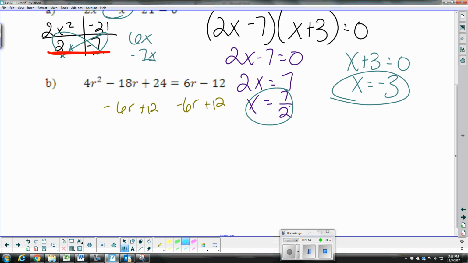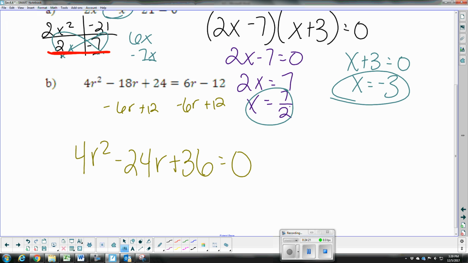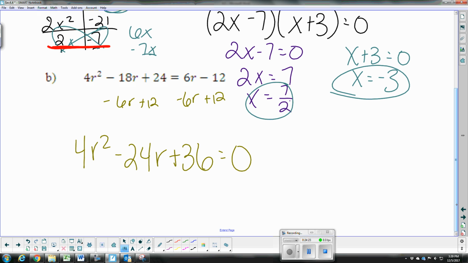Then we can rewrite our equation. So we get 4r squared minus 24r plus 36 equals 0. So our equation is set equal to 0.